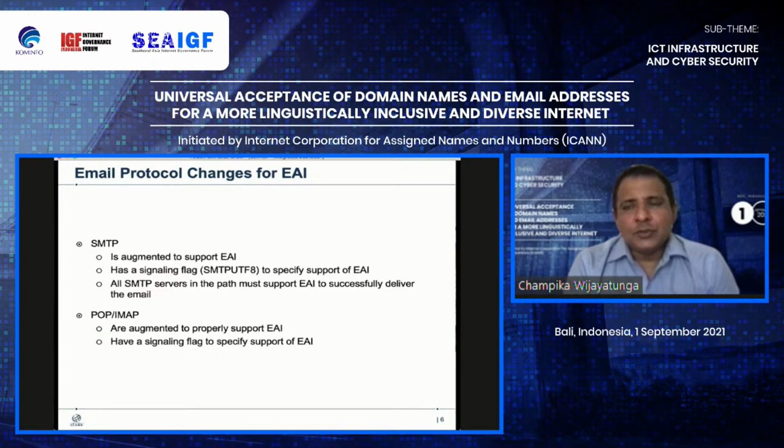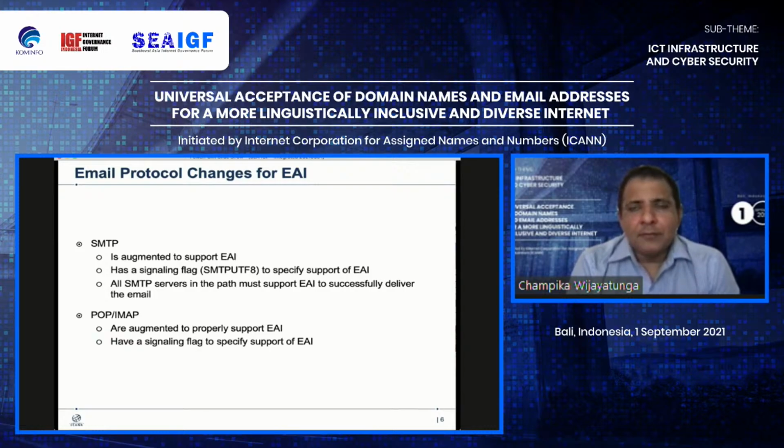Now, when it comes to the email protocols, as I told you earlier, there are different components in a typical mail system. In the same way, some of these functions are handled by different protocols.